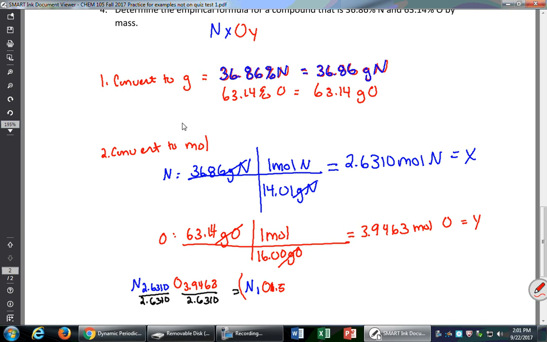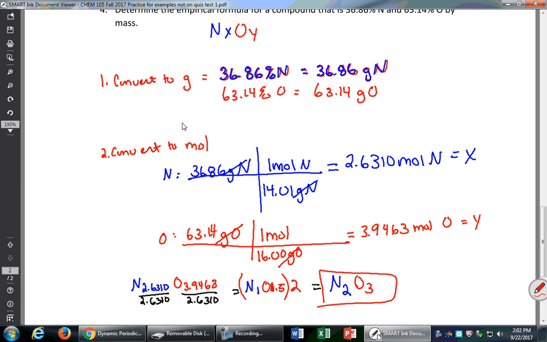So we're going to multiply everything by 2, not just oxygen. That's key. It's not going to be N1 O3. It's going to be N2 O3. So don't make that mistake. And again, this is just my empirical formula. I do not know if it's my full molecular formula or not. This is just my lowest whole number ratio of nitrogen to oxygen.